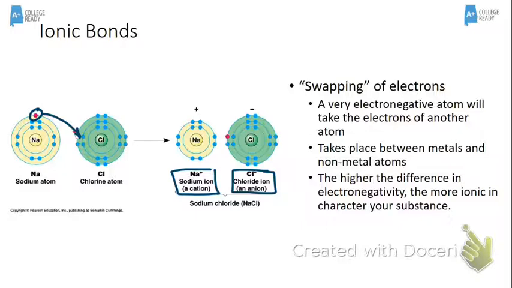So now it has 8 outer shell electrons, as indicated by the drawing here. And then chlorine also has its outer shell electrons as well, all 8 of them. So both of them actually get satisfied in this relationship.